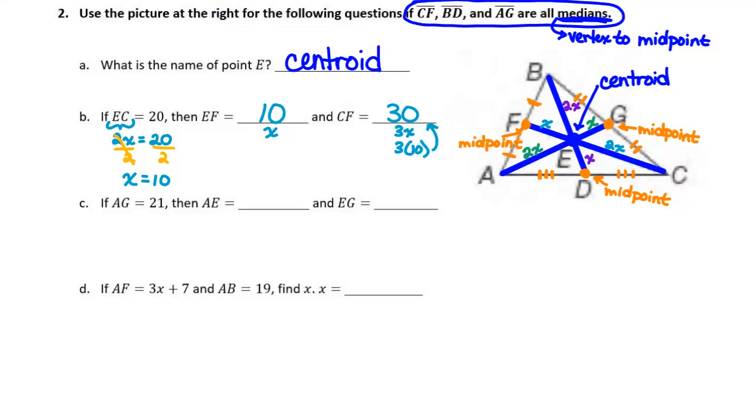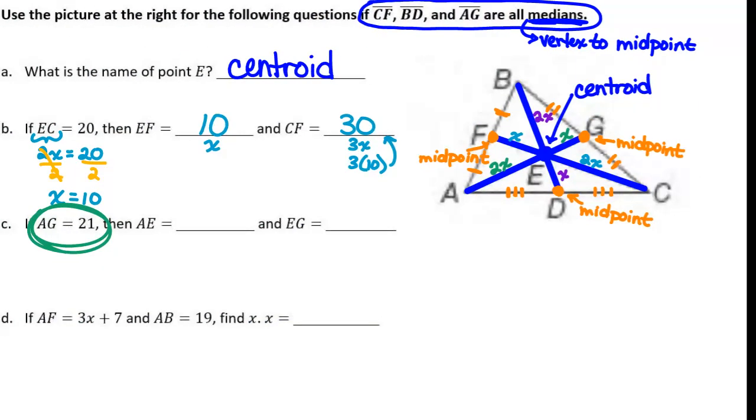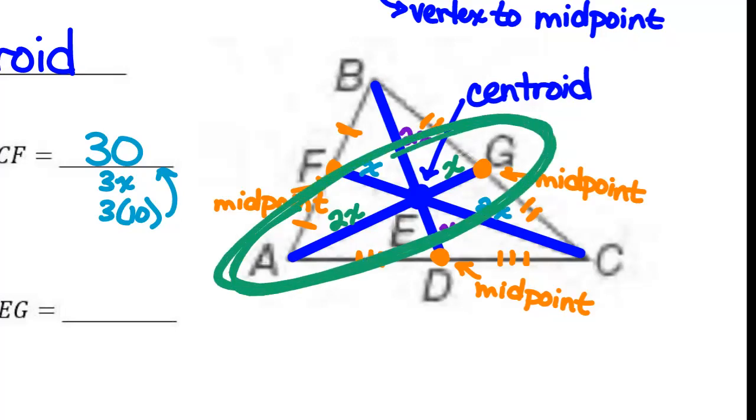Let's look at part C, and then we'll get to part D, I promise. Part C says AG is 21. Well, here's AG.